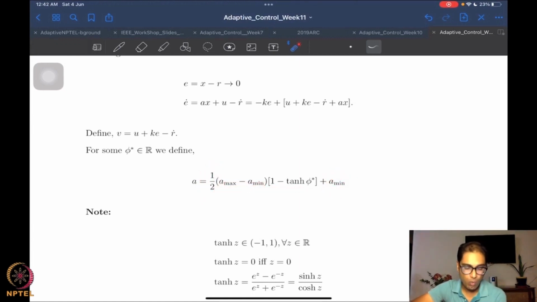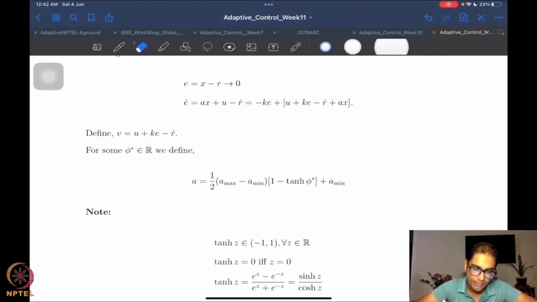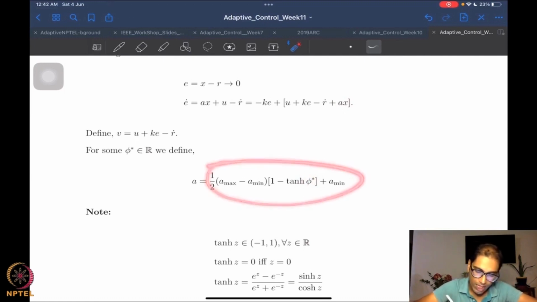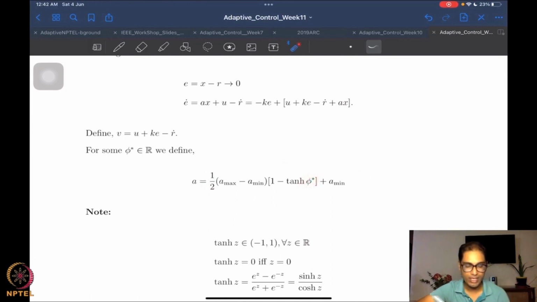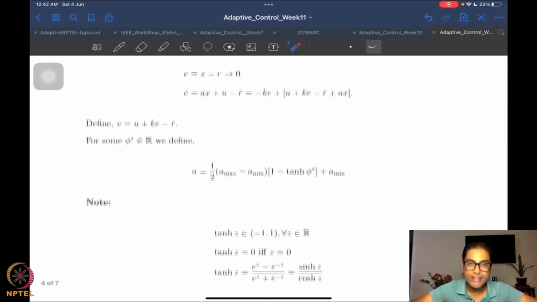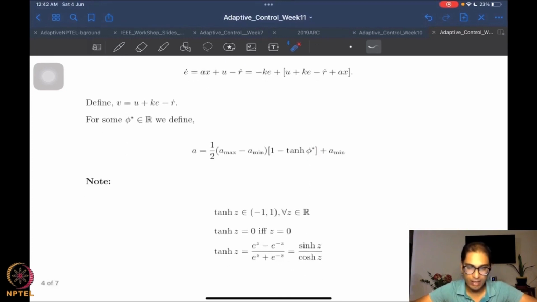Now what we want to do is to move from looking at a as the parameter to looking at phi star as the parameter. If you see the right hand side, the only unknown is phi star, and the left hand side is of course the unknown a. So we've moved the unknown a to an unknown phi star, which is inside a tan hyperbolic function.